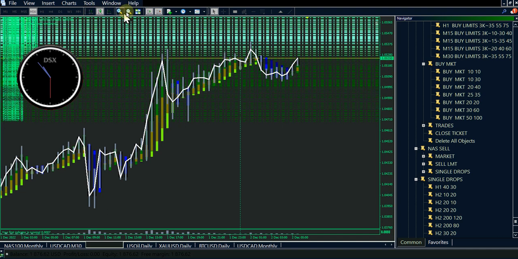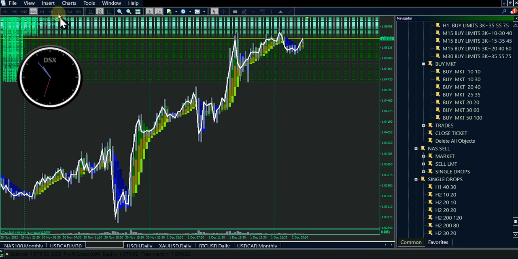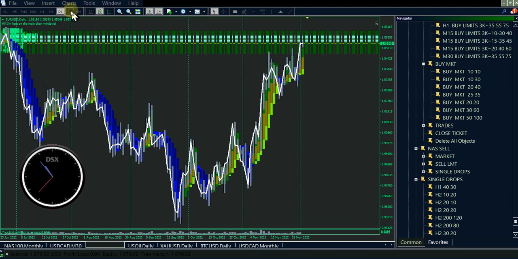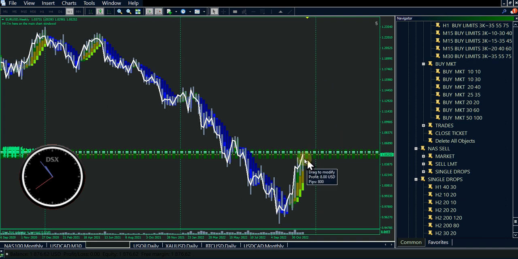It's going to be a rough ride to the north because we're going into uncharted waters. If you look back on the monthlies, the only danger here is, look at this. There's no resistance until here. And this is a very high price. This top is miles away. And this top, you've already gone through it.